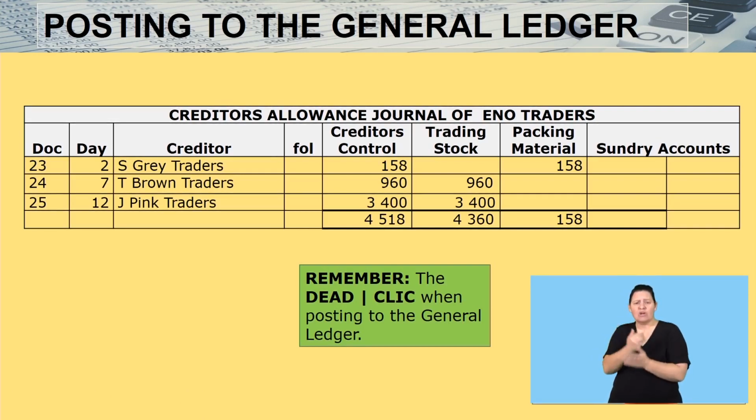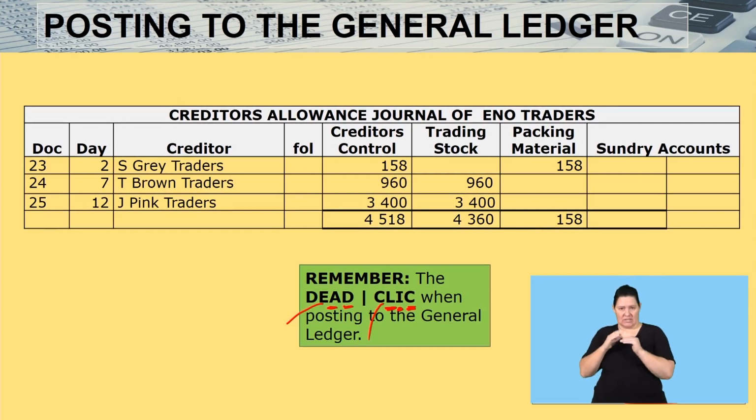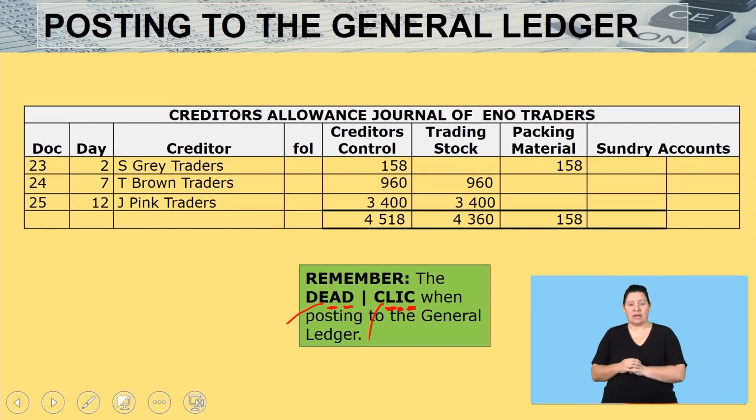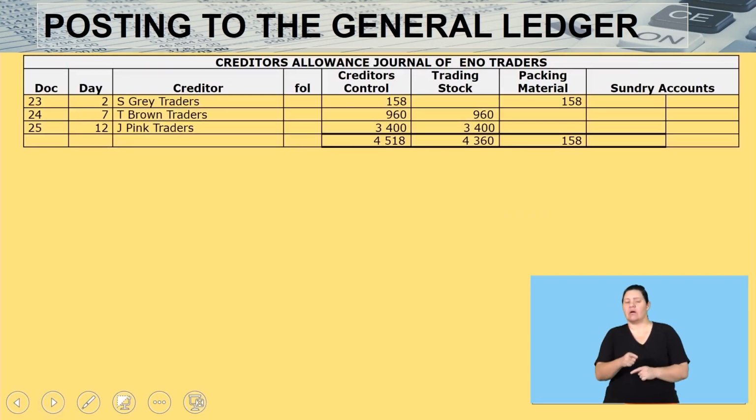You have to know your DEALCO when you're posting to the general ledger. That is, you debit all your expenses, that is the E, you debit your assets, that is the A, you debit your drawings as well, and then you credit your liabilities. The I is income and the C is capital. We're talking owner's equity. So when we're talking about creditors allowances, let's see how we can post this.